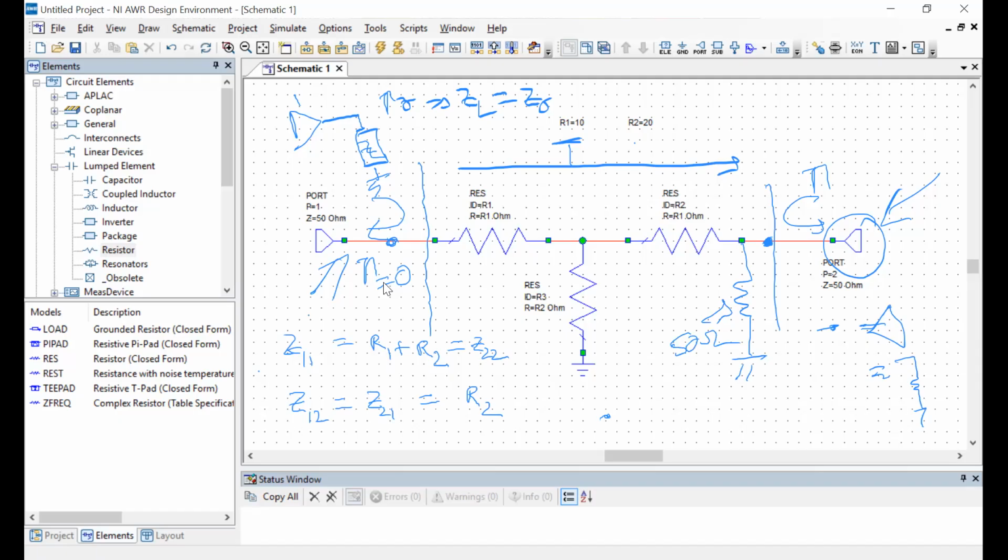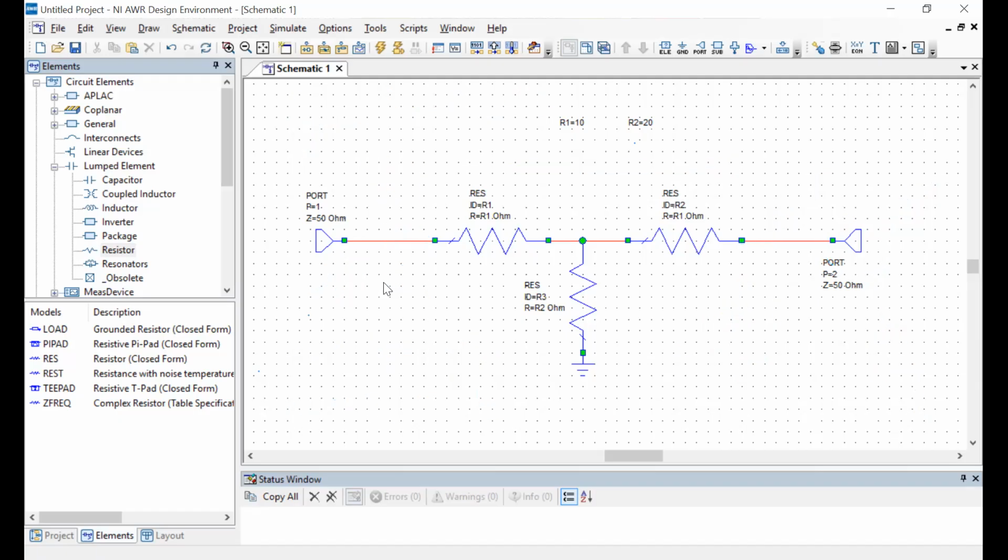The moment you write this down, that gives you one relationship between R1 and R2, and the other relationship will be related to the transmission coefficient, which tells you how much attenuation you want.